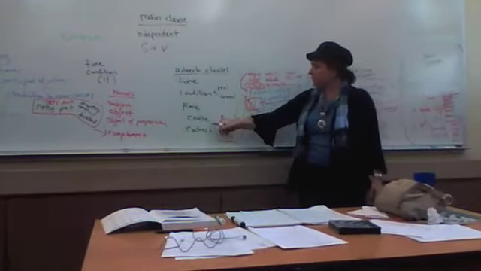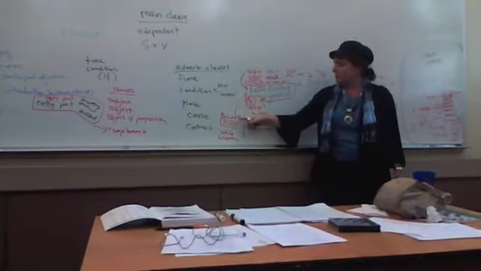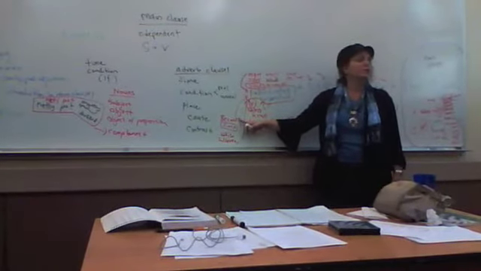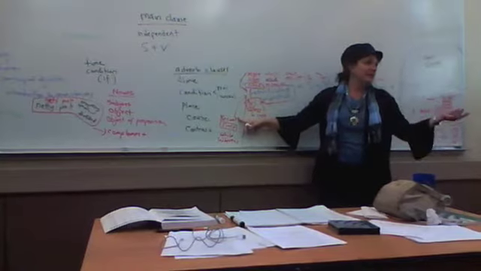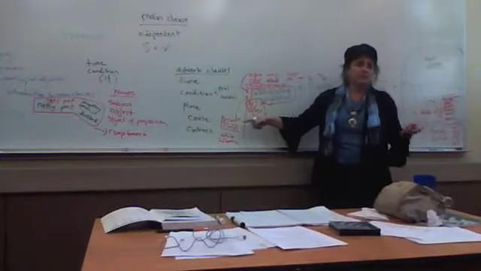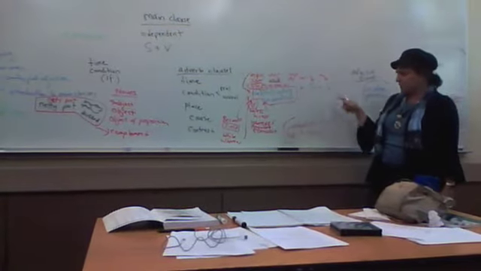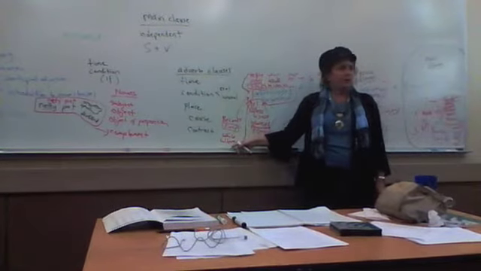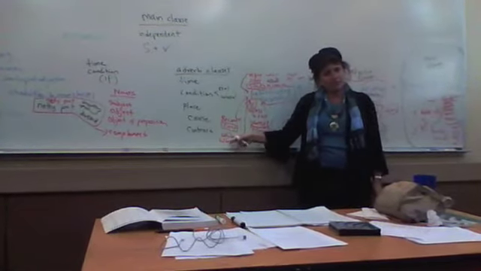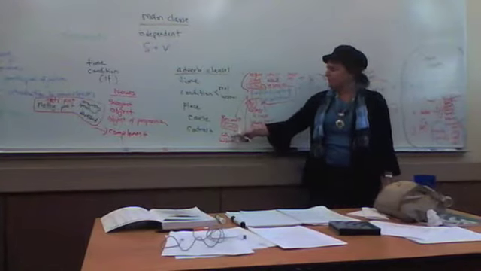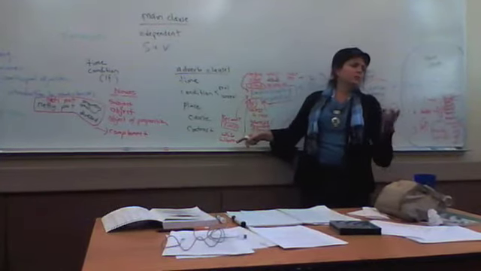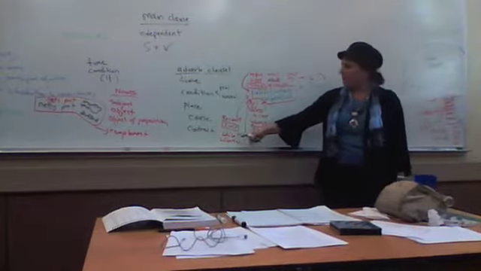We also have adverb clauses of cause, introduced with because or since. Because you were late, you missed the test. Since you were late, you missed the test. Again, adverb clause: subordinating conjunction plus subject plus verb. And then, I don't know if you have already done this in Greg's class yet, but contrast. Words of contrast, and there are more, but while, whereas.